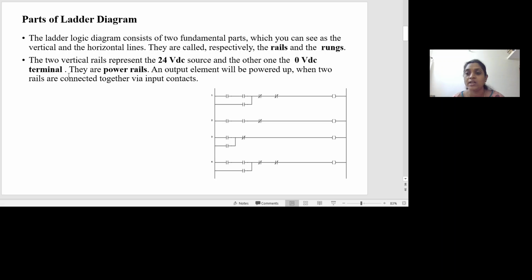The second rail carries 0 volts DC. Input contacts and output coils are connected in the rungs. For the output coil to be energized, there should be a connection between the two rails, and this connection is established by closing or opening the input contacts.